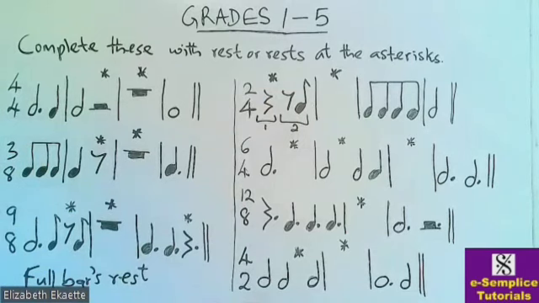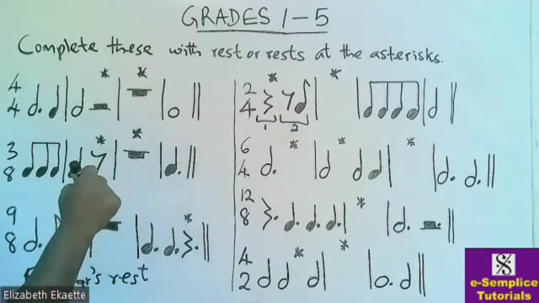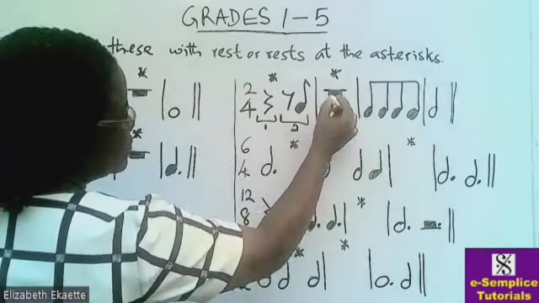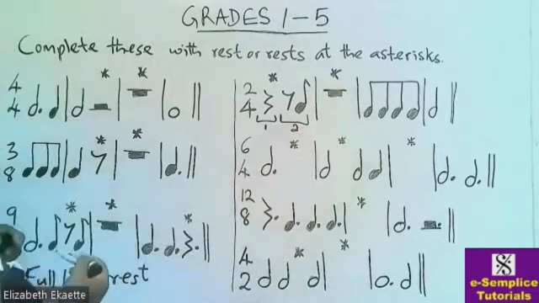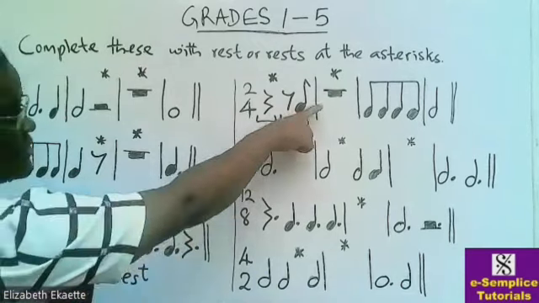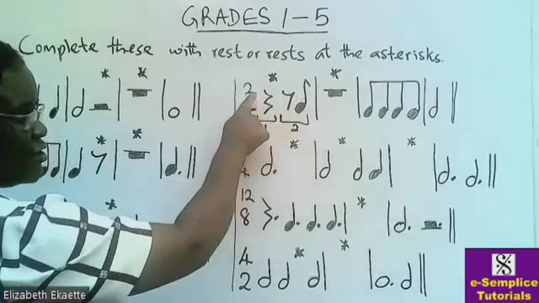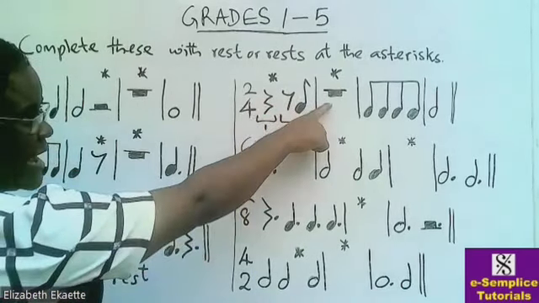So when you are balancing bars, look at it beat by beat. Balance the first beat before you move to balancing the second beat. Now, this bar, the only rest that fits this bar is full bars rest. And in that time signature, it means 2 crochet beats per bar.